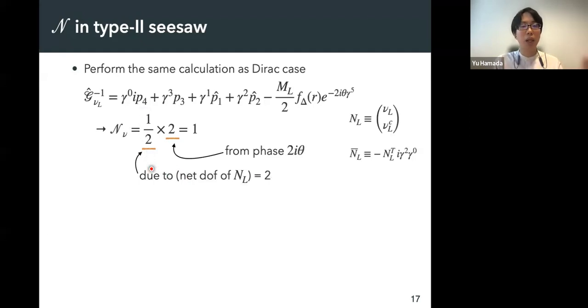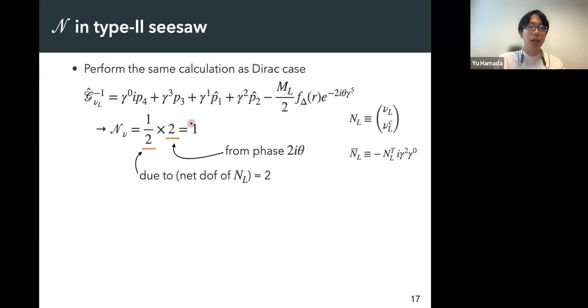So we have to multiply by 1/2 here. Otherwise, this gives some overcounting of the degrees of freedom. That's why the 1/2 should appear here. In the end, we have 1 as the topological invariant.